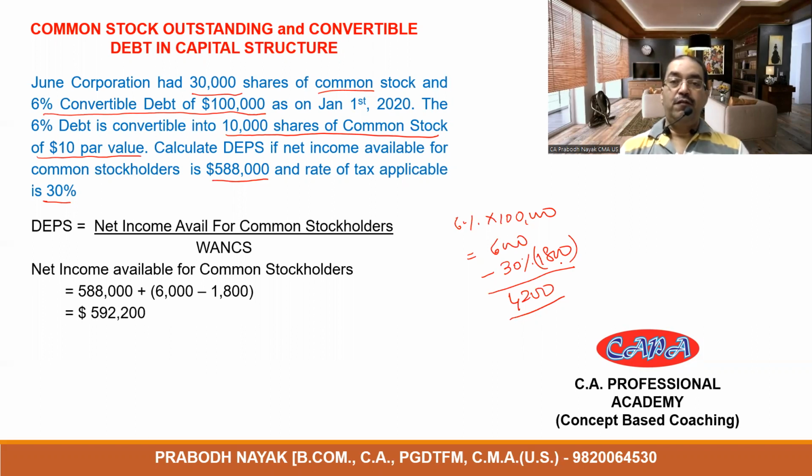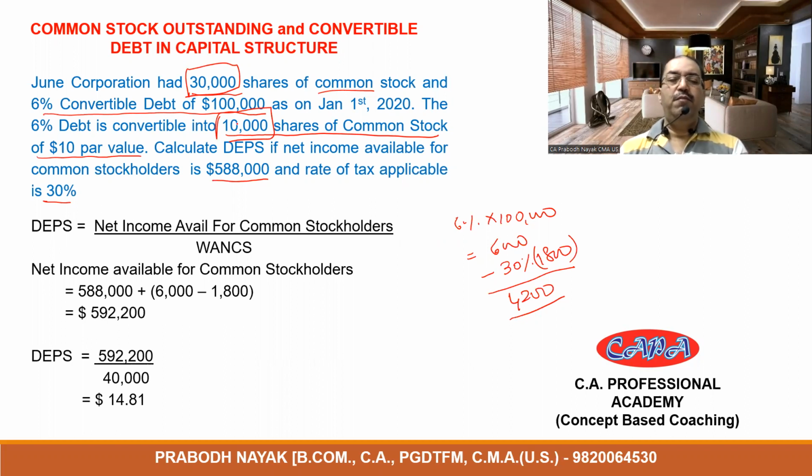What will be your denominator? Existing 30,000 shares, plus you are going to convert them into additional 10,000 shares. So 30 plus 10, 40,000. So DEPS, diluted earning per share, is $592,200 divided by 40,000 common stock shares. That comes to $14.81.